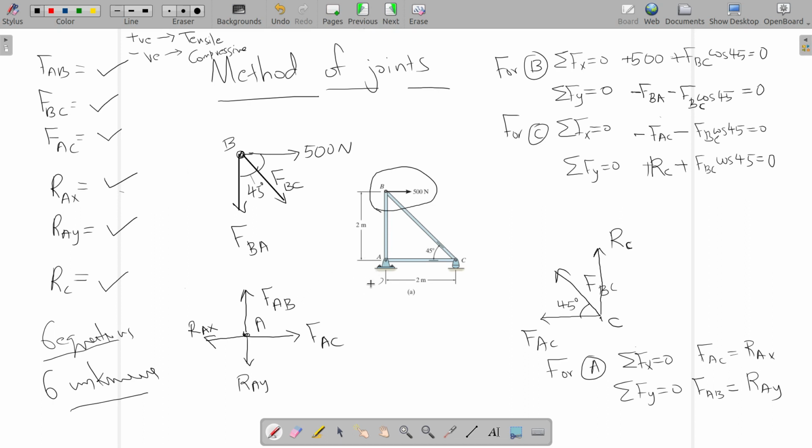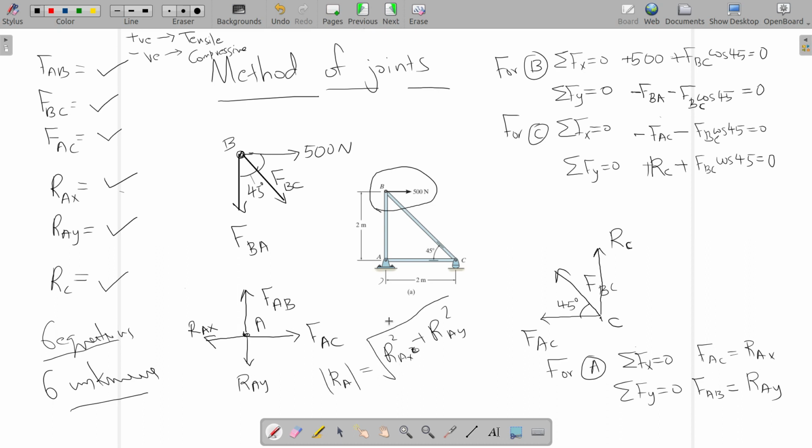And if you would like to find out the resultant of support reaction, you can calculate it if it is specifically asked in a question. RAX and RAY are the horizontal and vertical components of support reaction. If you'd like to calculate the magnitude of total support reaction, that will be the square root of RAX squared plus RAY squared.